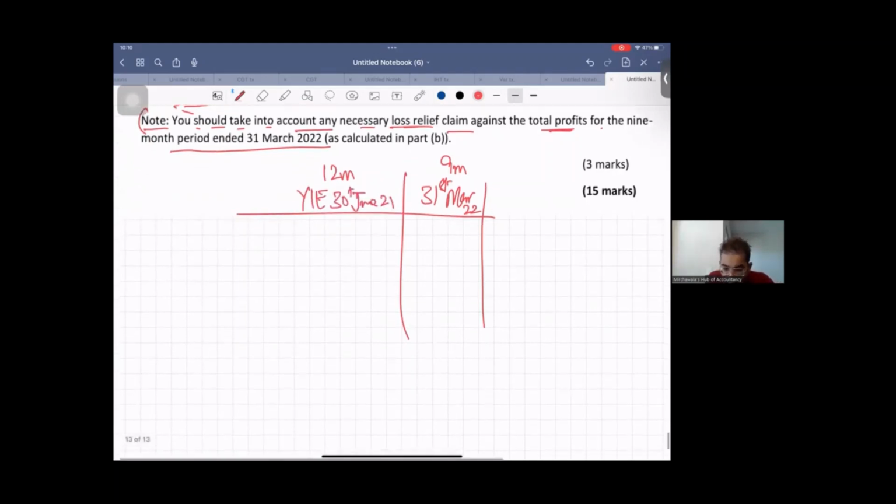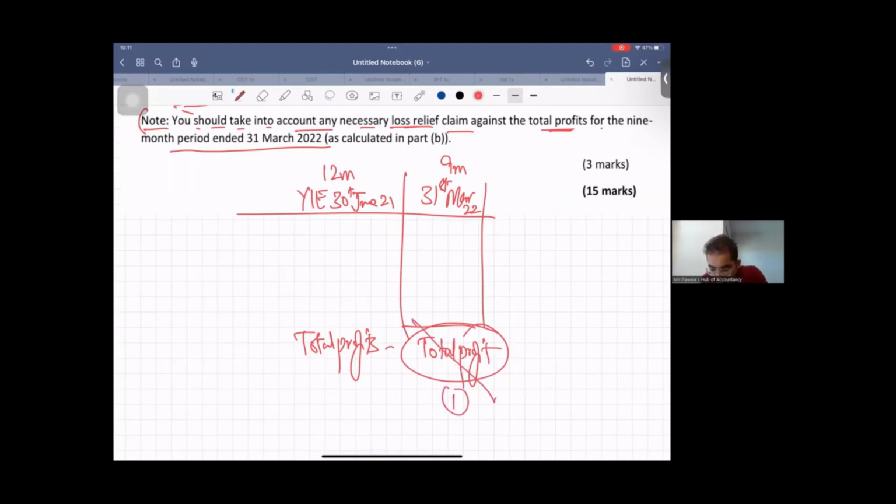So if you want to go back and set off, you can't set off the total profits directly. For companies, you cannot go back directly. You need to first set off current year total profits first, and then you need to go back here.